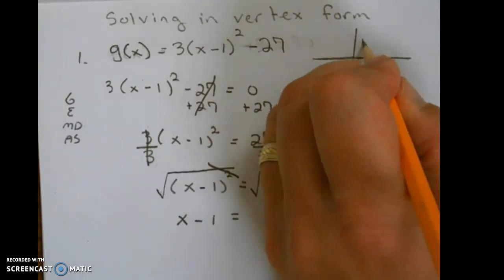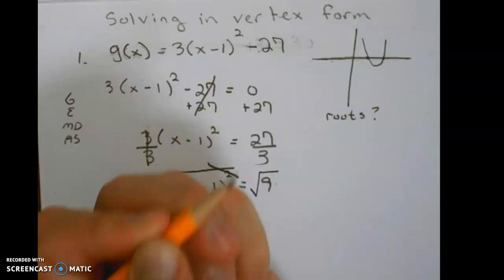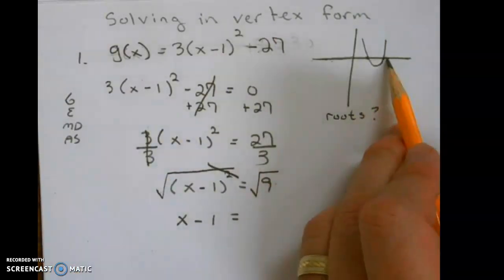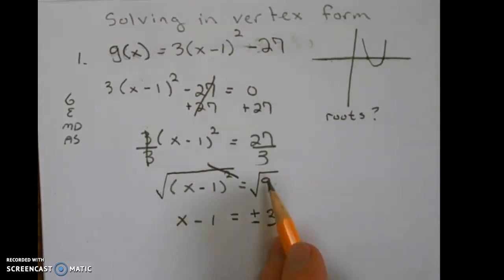Right now we're just dealing with roots that exist on the x-axis. So since there are two, when you take the square root of this number, you're going to tack on a plus and a minus, a positive and a negative, on the front of that answer.